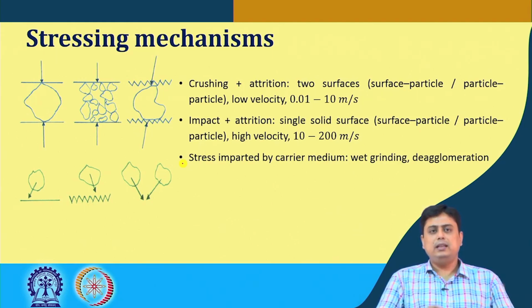Typically, this combination of these two is there in certain equipments that work on the principle that there are two surfaces, like surface to particle or particle to particle, that influence this crushing plus attrition mechanism, with low velocity operation in the range of 0.01 to 10 meter per second.